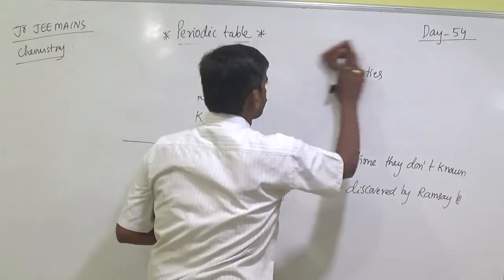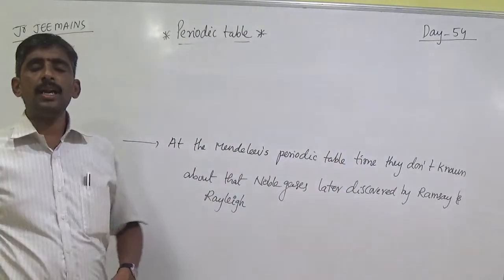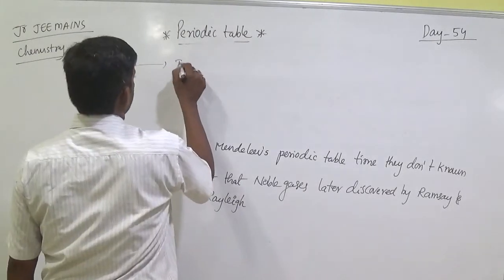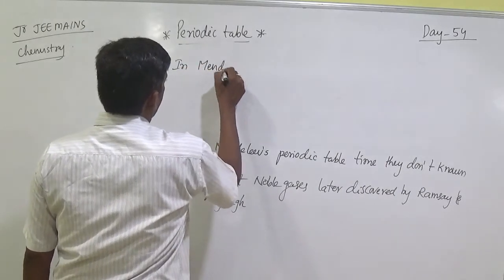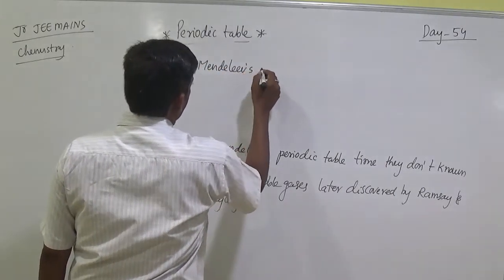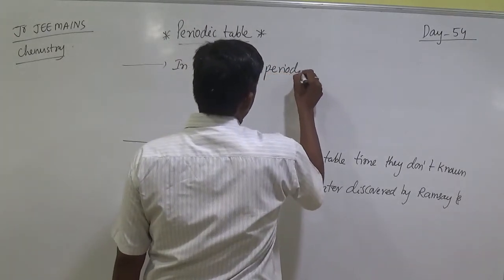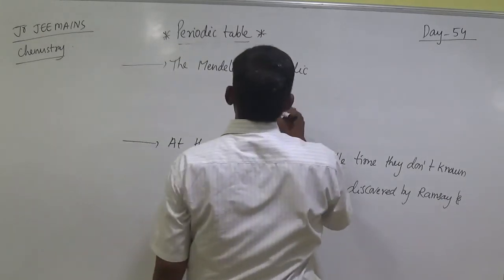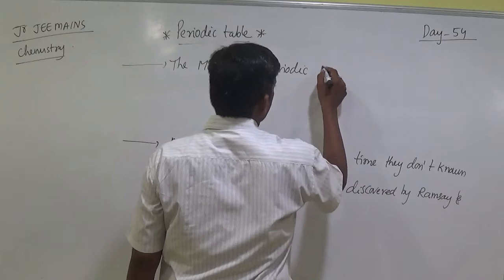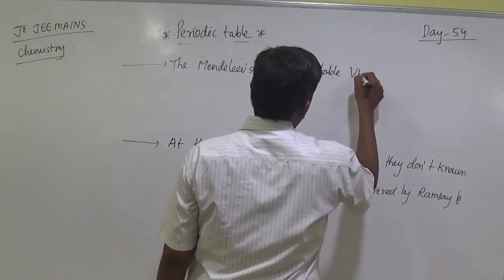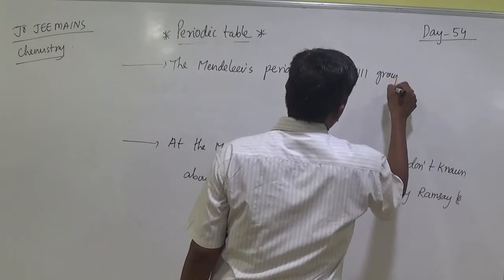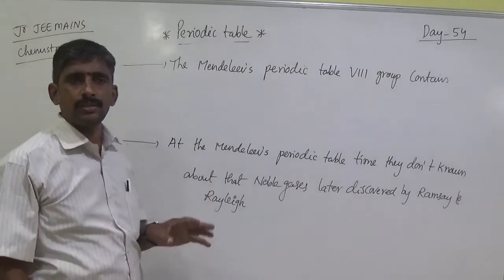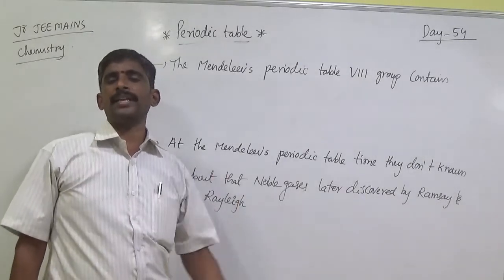Next, in the Mendeleev periodic table, the 8th group contains 3 transition triads. Triad means similar properties in a group.